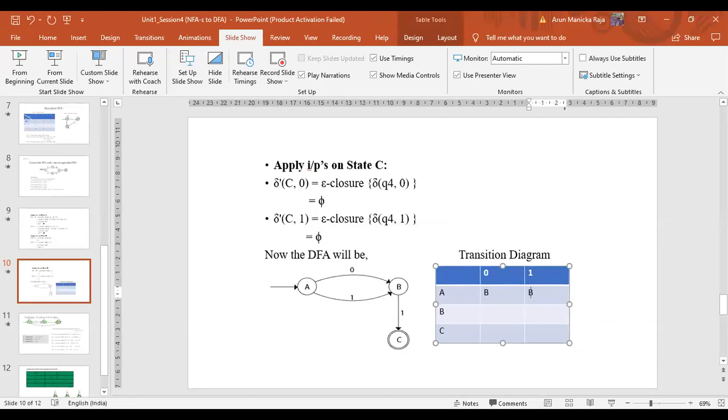B. Okay. B comma 0 is null. B comma 1 is C. C comma 0? Null. C comma 1? Null. Okay, good. This is our transition table, right? Like this, we have to draw the transition table and diagram.